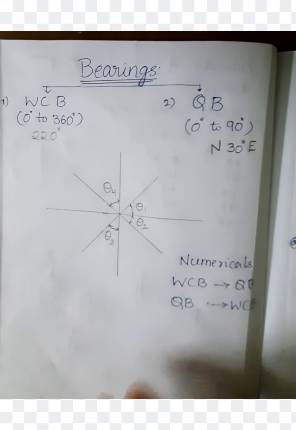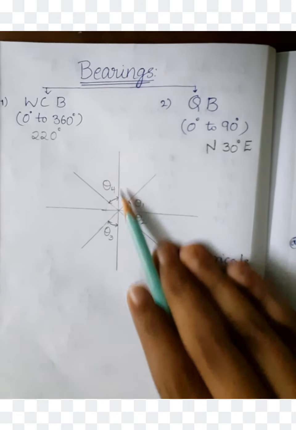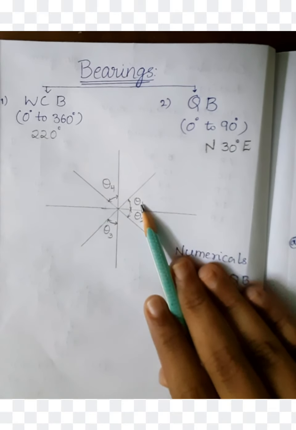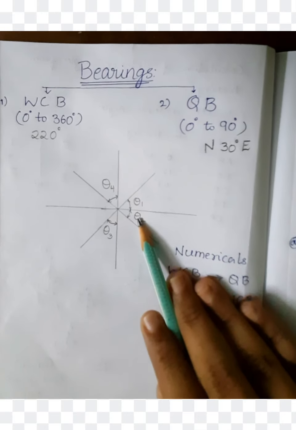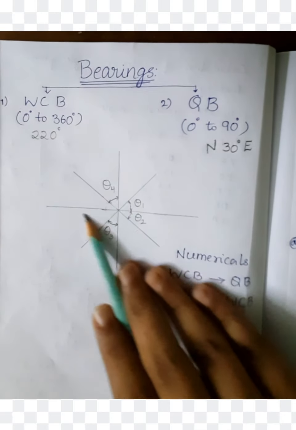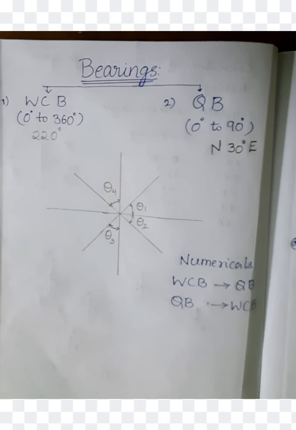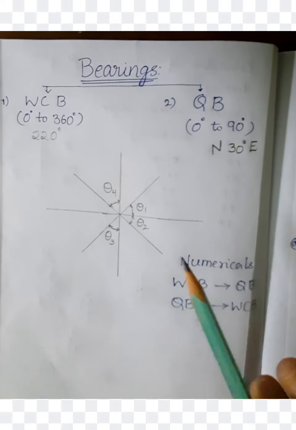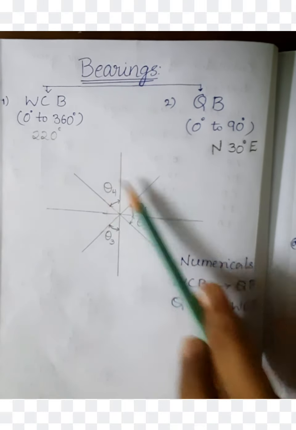Before going into this, if we take the quadrants like this, theta 1 belongs to the first quadrant, then theta 2, theta 3 and theta 4. You will be given some angles like theta 1, theta 2, theta 3 and theta 4 as I have shown.